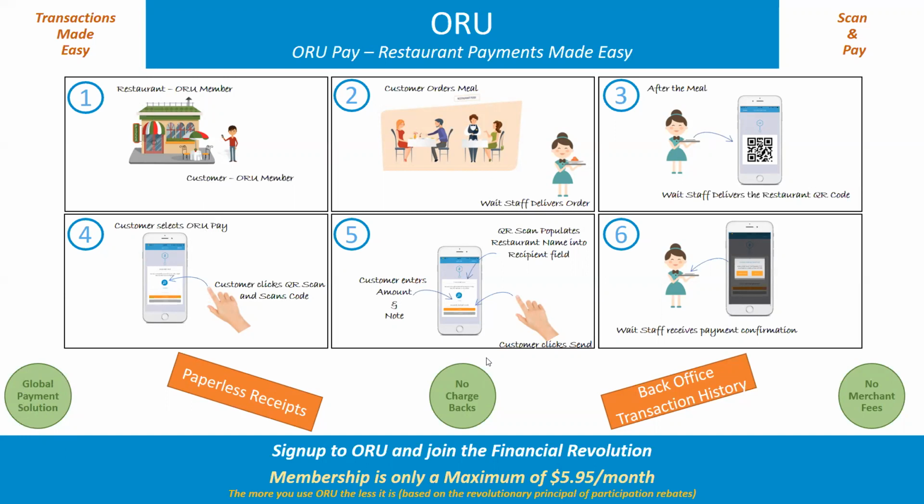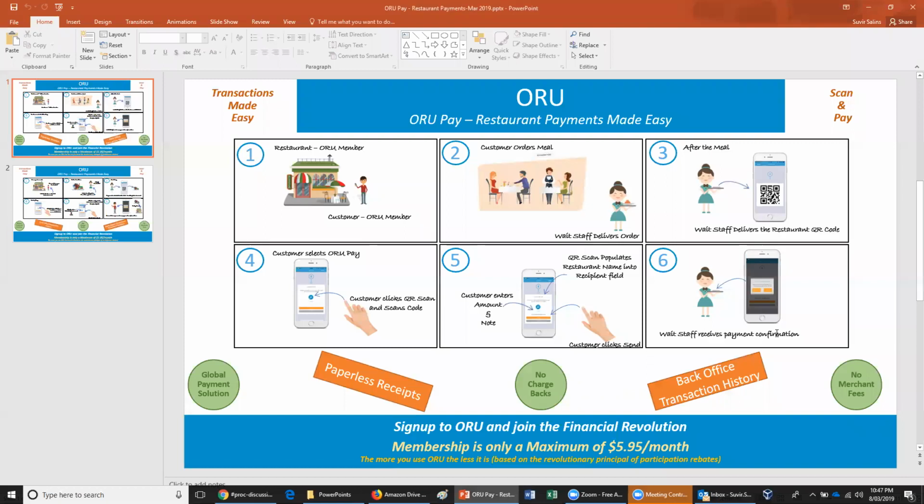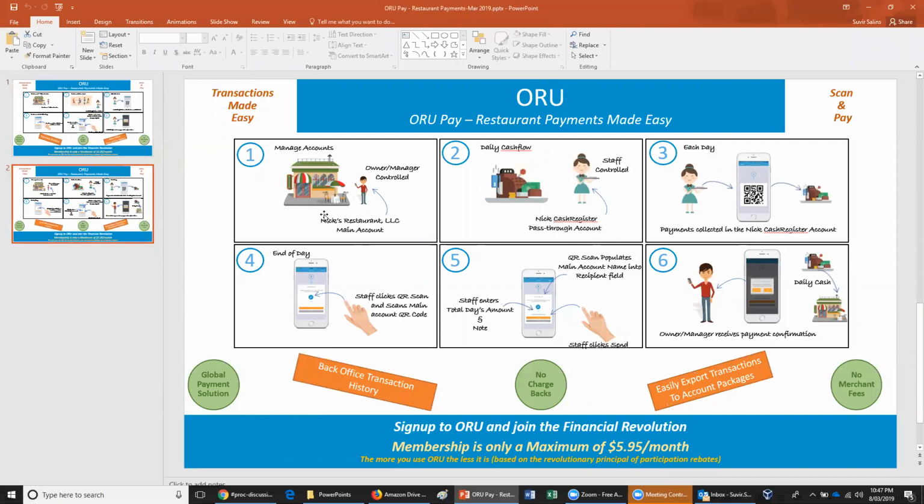Now let's look at the next slide, which shows you the way that you can structure the membership accounts. So you can see here, the owner or manager of the restaurant has created an account in the name of the restaurant. So in this case, Nick's Restaurant LLC is the main ORU account.